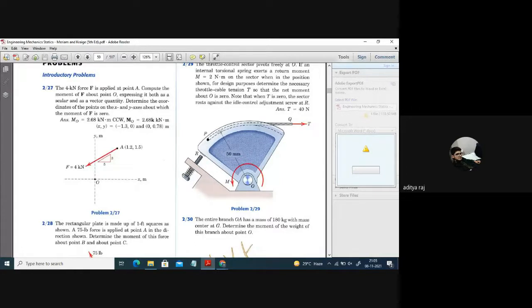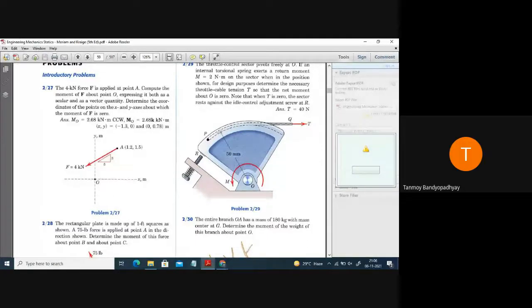My doubt is, here neither the lever arm is 0 nor the force is 0. Then how can the moment come out to be 0? How can the moment at that point be 0? I mean r cross F can never be 0 at that point.